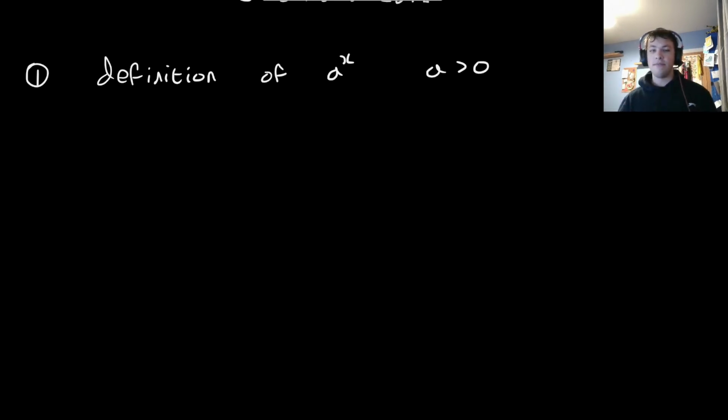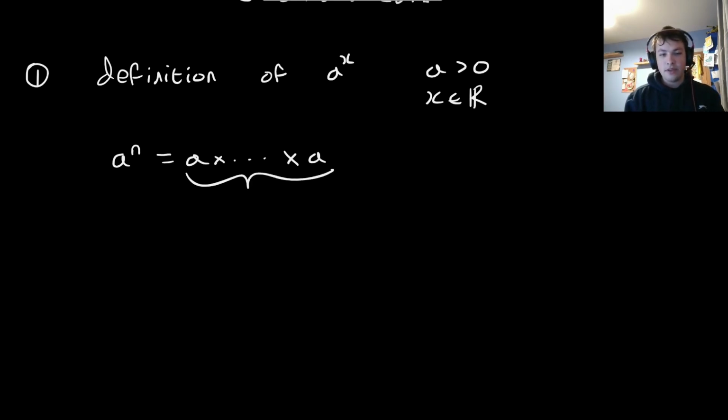The first thing we need is a proper definition of a to the power of x, where a is any number greater than 0. This is a bit weird because x is any real number here. We're told it's defined by a sequence idea: a to the n is just a times a times a, n times, and that's integers done.